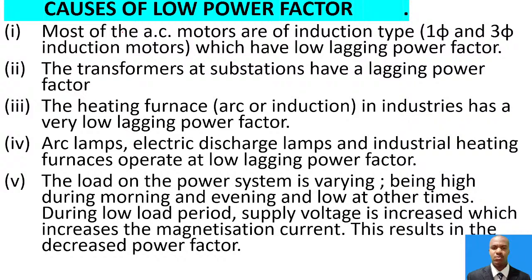In the morning and evening hours, we have high power consumption. Those are the peak hours, and most of us are at home, and you can't stay in darkness, so you have to switch on your lamp.